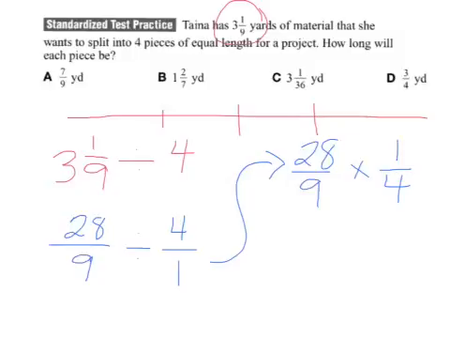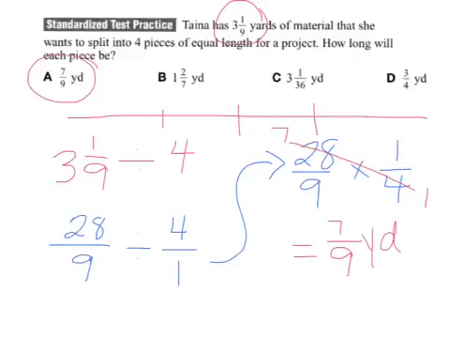Cross reduce, 1 and 9 nothing goes into, but 4 and 28, 4 goes into 4 once, 4 goes into 28 7 times. You multiply across, 7 times 1 is 7, 9 times 1 is 9. And you can't go any further, so 7/9 yards is my final answer. Looking for the correct answer, letter A. Good luck.